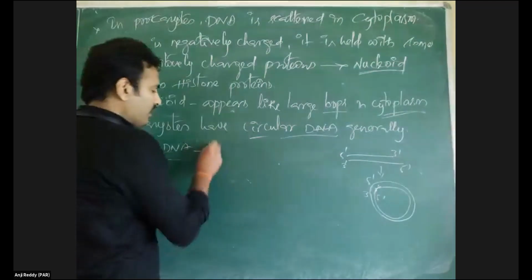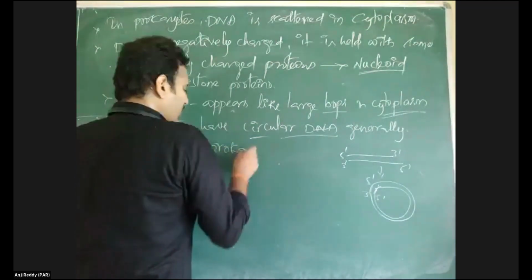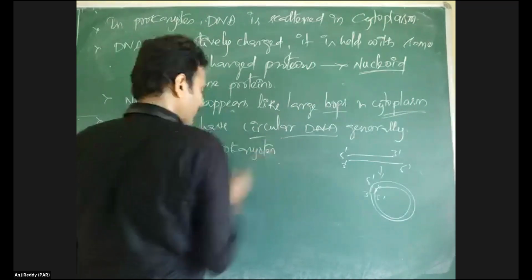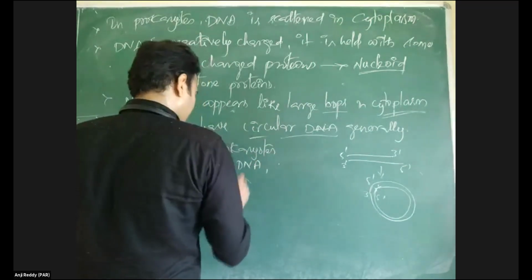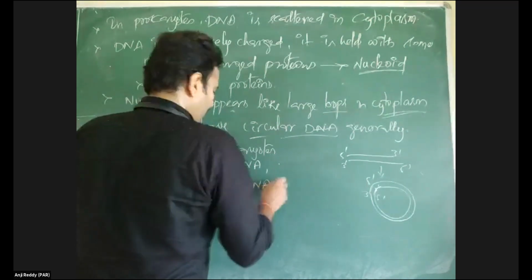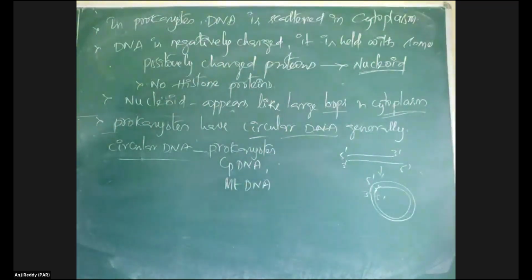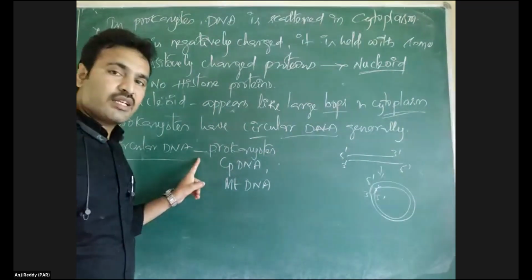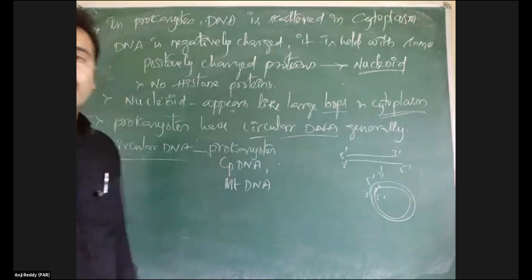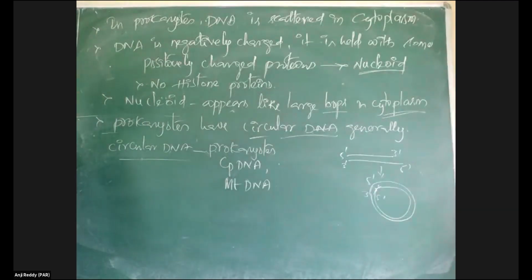This circular DNA is present in prokaryotes, cpDNA and mtDNA. Where can we find circular DNA? The prokaryotic genome is circular DNA. cpDNA stands for chloroplast DNA.